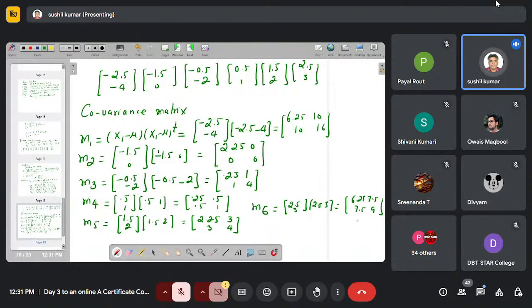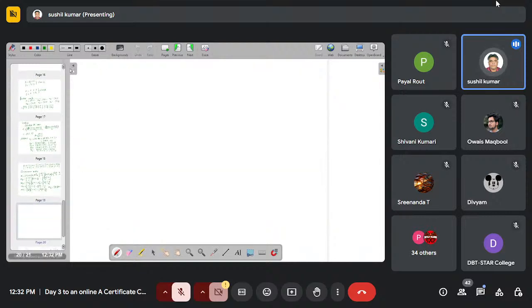This is one calculation we have done for covariance. For the second, we need to divide by n. So what I will do here, I will take this value. All the matrices you will add together, and then you can divide. So what will be the covariance matrix here? That will be 1 by 6 and the total sum, like M1 plus M2 plus M3 plus M4 plus M5 plus M6.